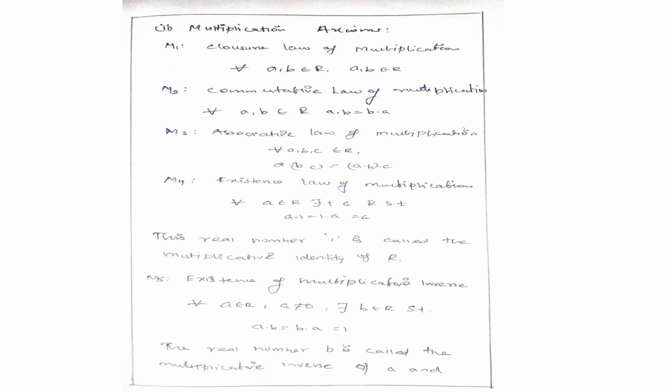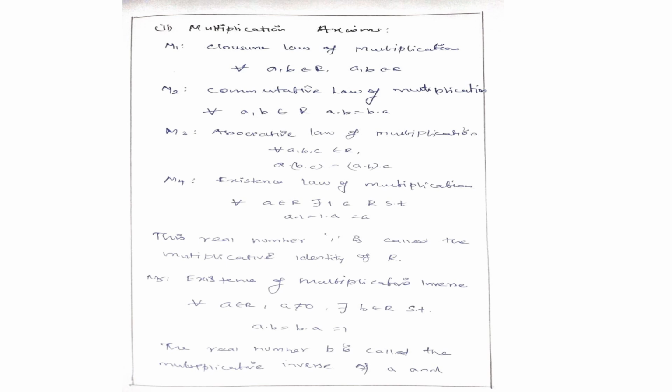For example, a equal to 5. What is the a inverse? Here a is 5, the inverse is 1 divided by 5. So a into b means 5 into 1 divided by 5, which equals 1 by 5 into 5. So 5 cancels, and the result will be 1.